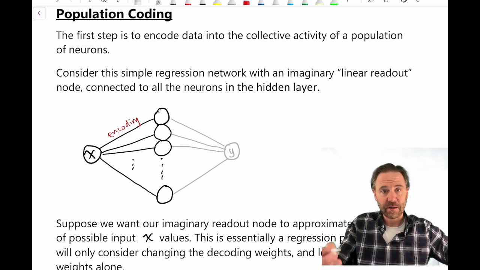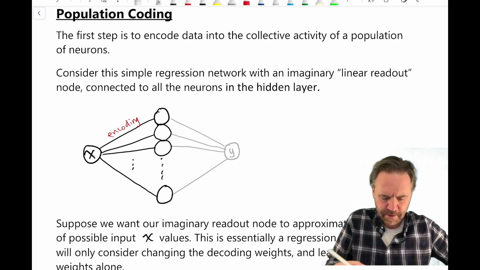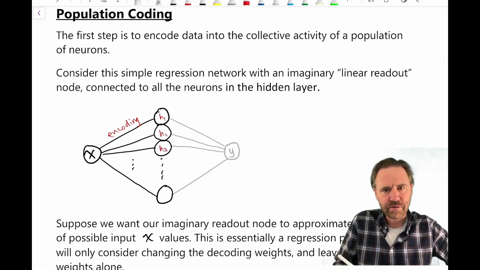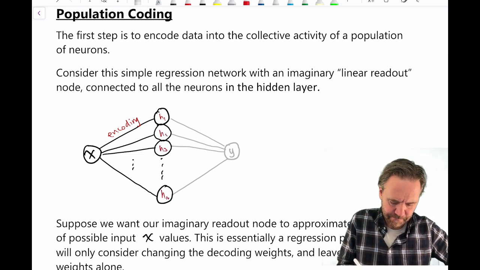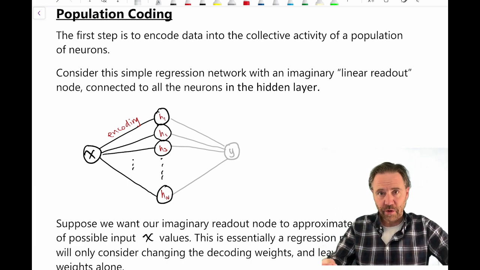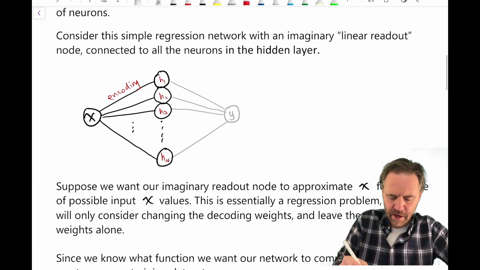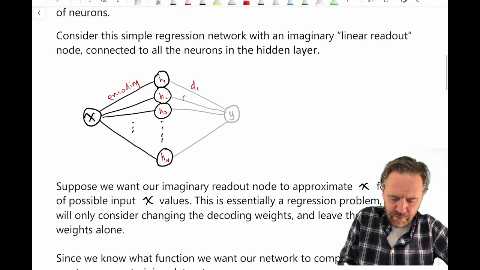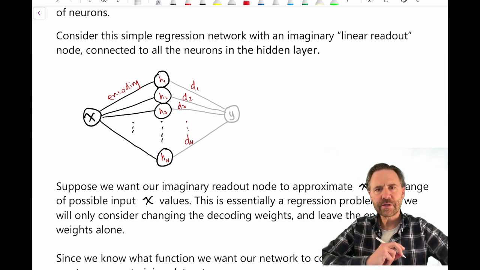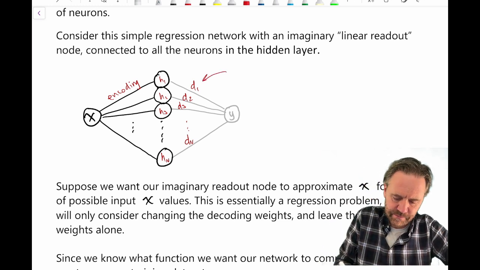It's going to be a bunch of weights and biases. And then it goes into the hidden layer, H1, H2, H3, down to H, capital N. Now when we have this imaginary decoding unit, Y, you can look at the weights D1, D2, D3, all the way down to D, capital N. These weights are called decoding weights.